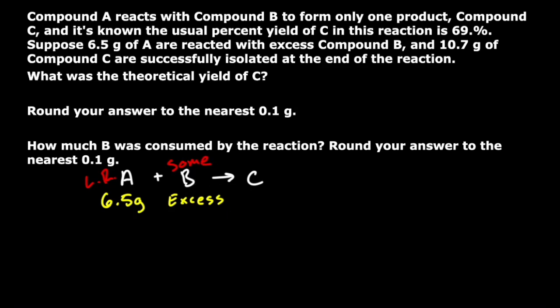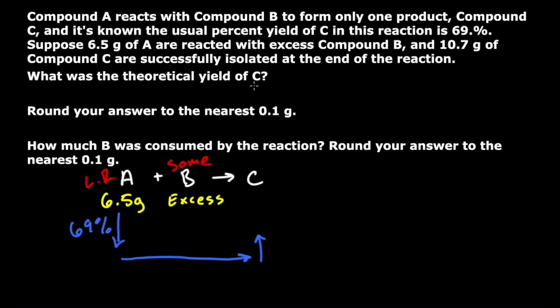And so what we can do is say we have this 6.5 grams here, and what's going to happen is that 69% of this will end up being utilized to go over here to make C, because the question says that this reaction has a 69% yield. So 69% of this right here is going to go over here and then up here to make this C right here.